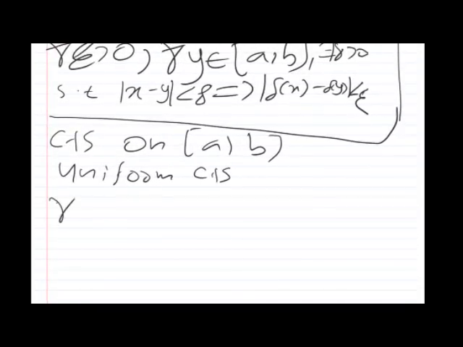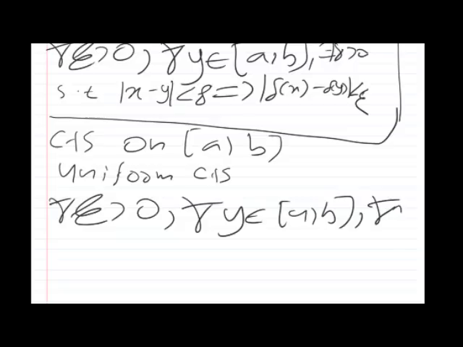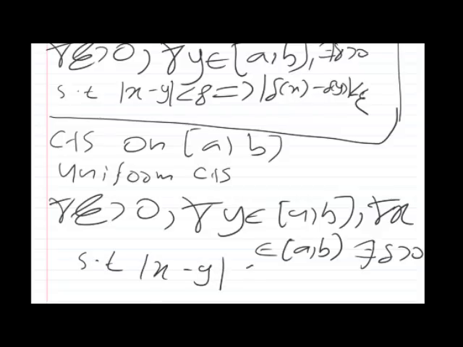For all epsilon greater than 0, there exists a delta greater than 0 such that for all y belonging to [a, b] and at the same time for all x belonging to [a, b], |x − y| < delta implies |f(x) − f(y)| < epsilon.